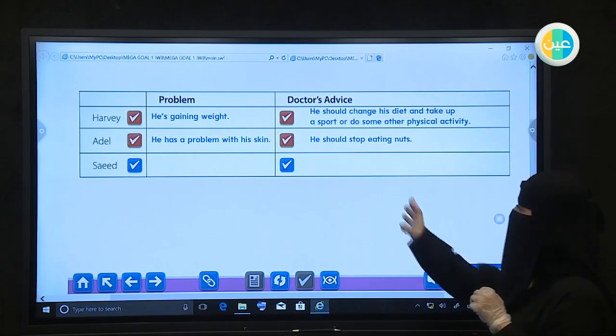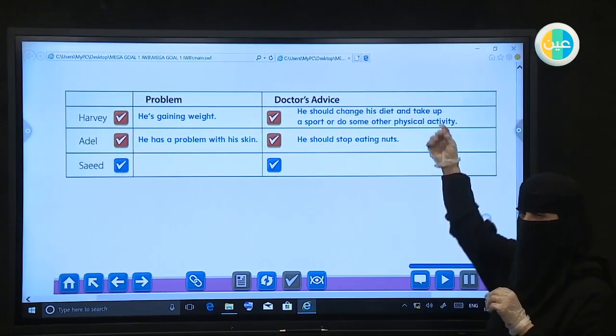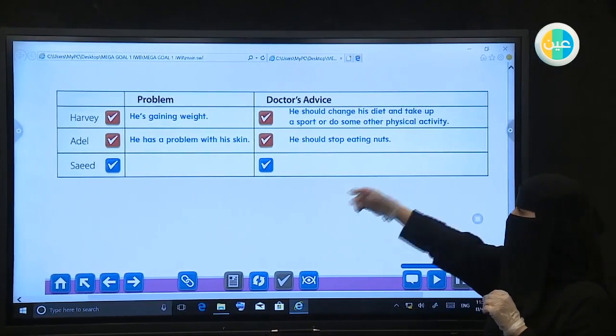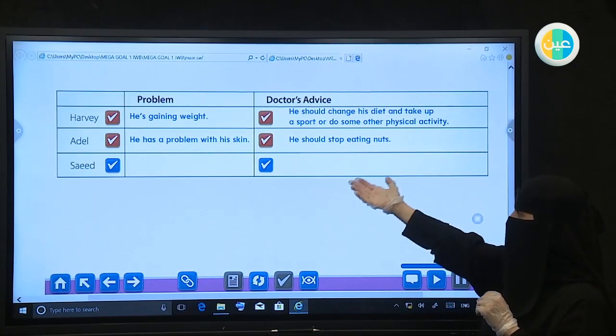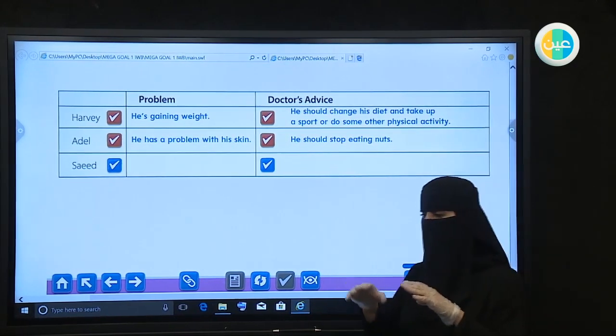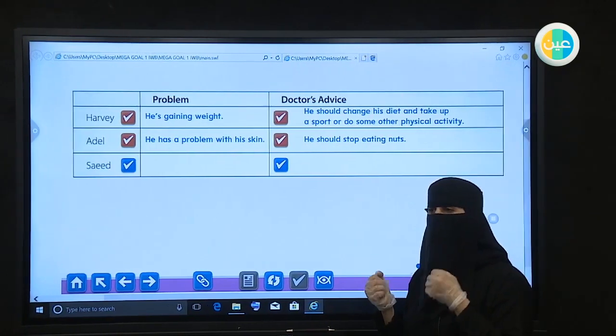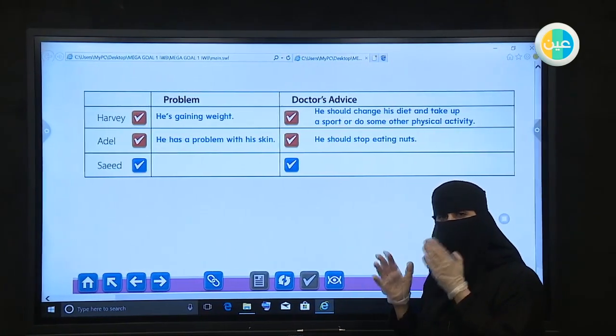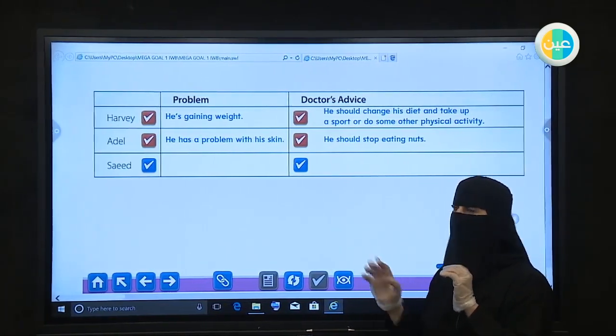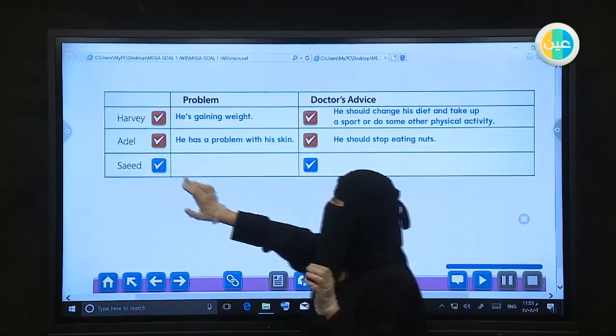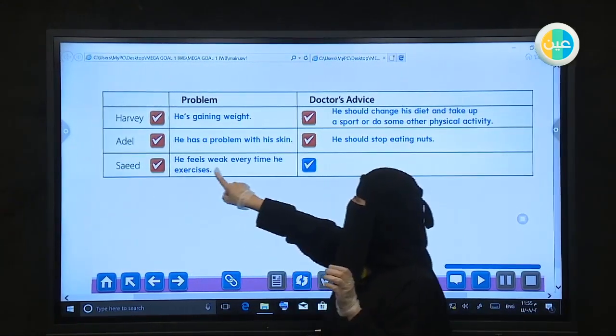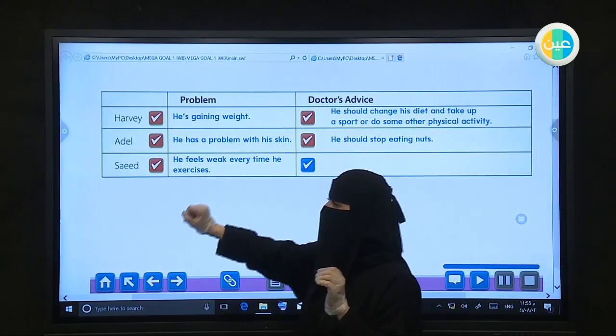So the last one is Saeed's problem and the doctor's advice. Saeed's problem is that he is feeling weak even when he eats healthy food. He told us that he feels weak every time he exercises.